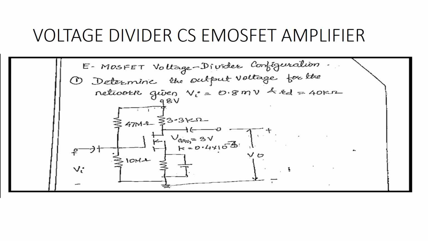Here two sets of values are given, that is Vi equal to 0.8 millivolts and the dynamic resistance is 40 kilo ohms. Based on this, you are going to do the analysis, both DC as well as AC. You look at the ideal network of the device, it is an N-type E-MOSFET.